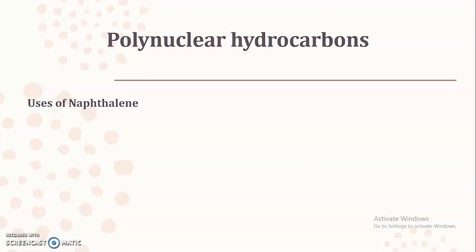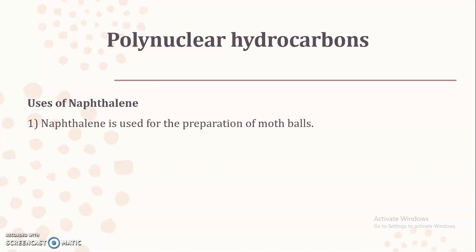Now, naphthalene is the most widely used compound if we compare naphthalene, anthracene and phenanthrene. The main important use of naphthalene is the preparation of mothballs. You may know the mothballs. These are nothing but naphthalene balls.